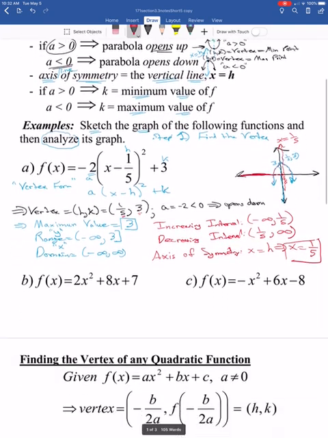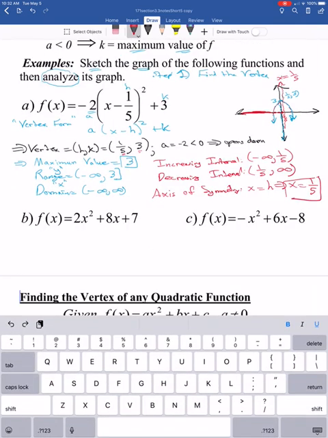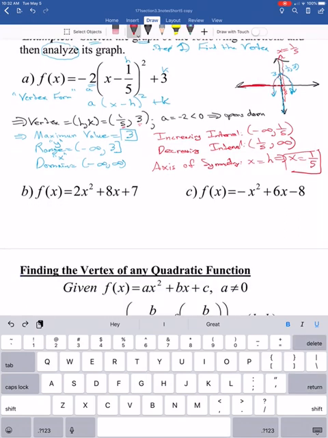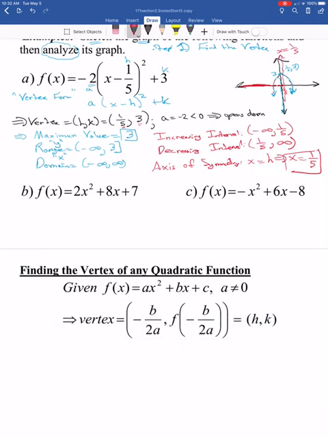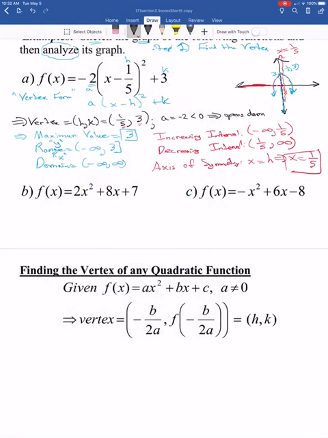I want to move on to what happens when we have a quadratic function that's not in vertex form. You see down here in examples B and C, this is usually what we see with the graph of a quadratic function: standard form, ax squared plus bx plus c. So this is in standard form.